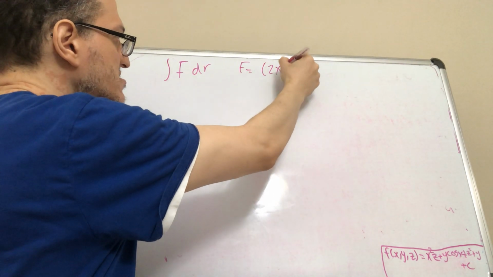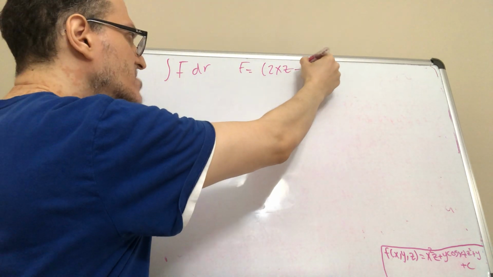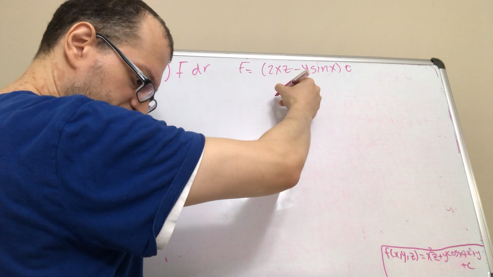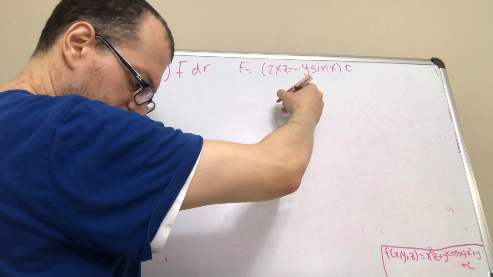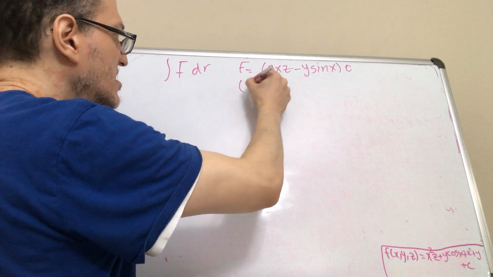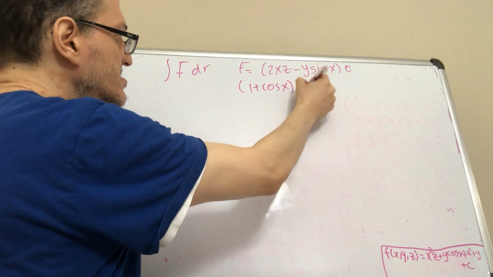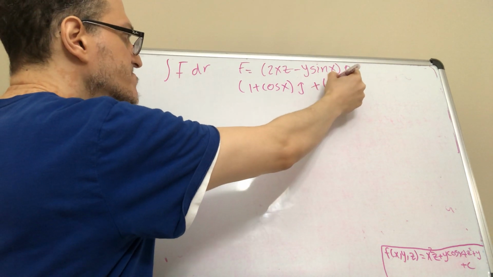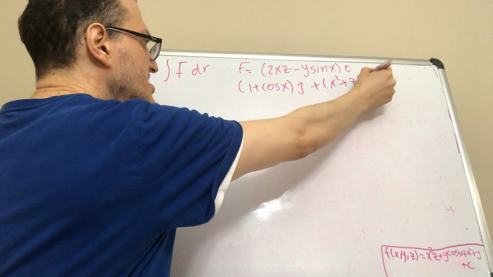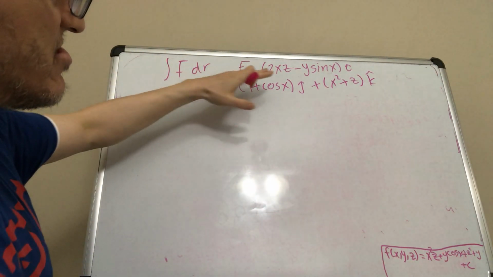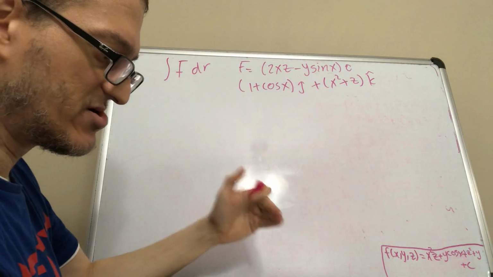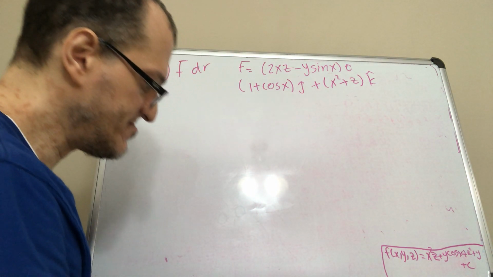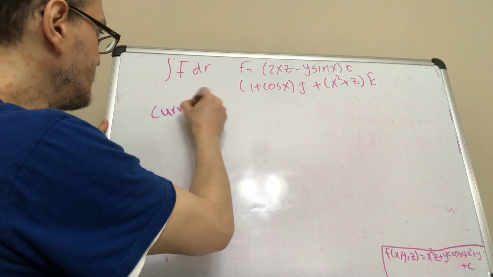It's 2xz minus 1, y sine x in the i direction, 1 plus cosine in j, x squared z in k. This is the same f as the one before the previous one, but now they give you a curve.